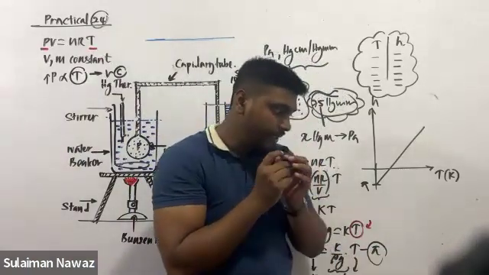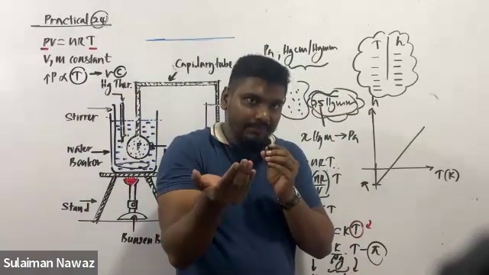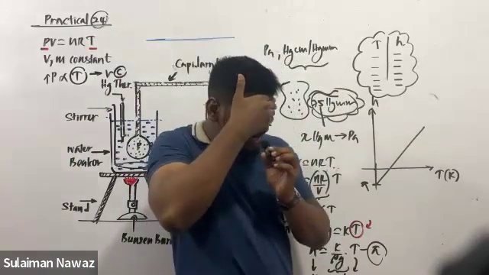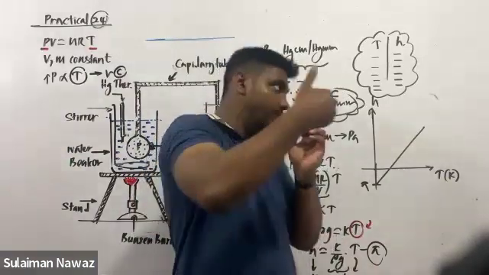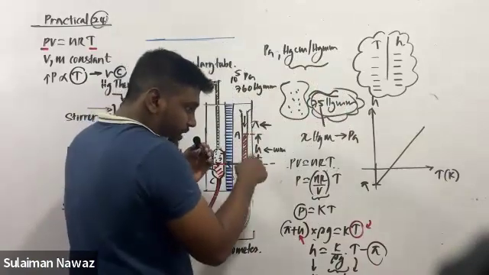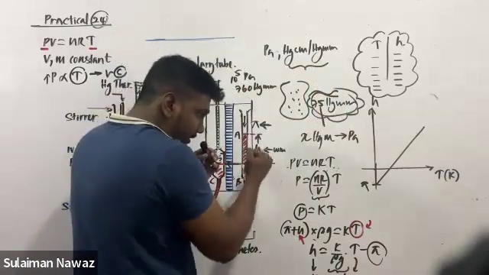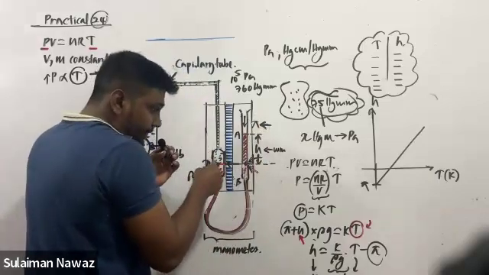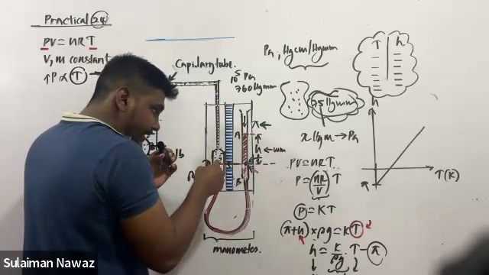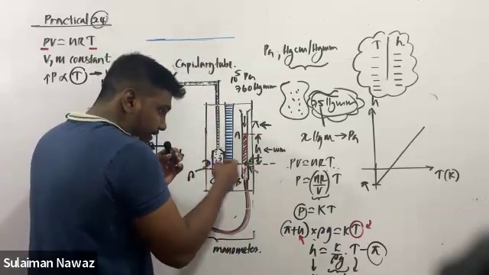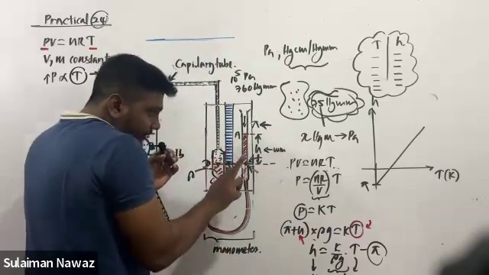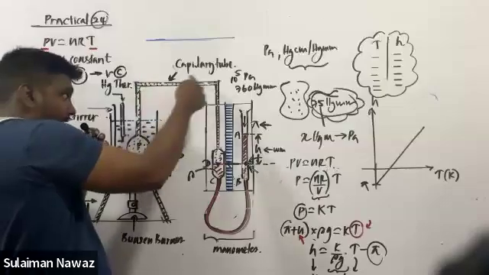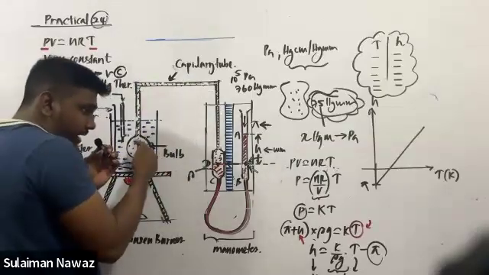First point, I will read it. They are saying, before each reading is taken, tube AB is suitably adjusted and the free mercury meniscus in tube CD is touched to the index tip. This assumes that the volume of gas trapped inside the bulb is constant.